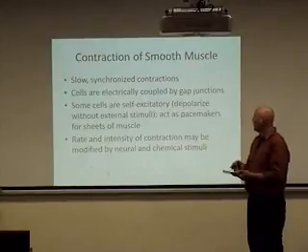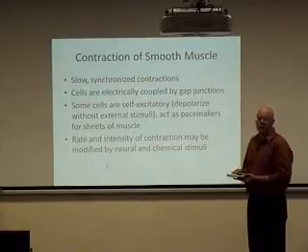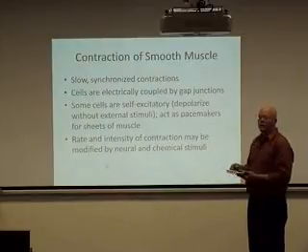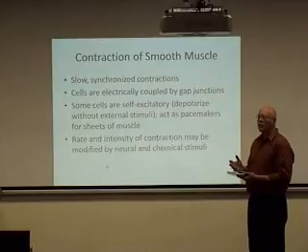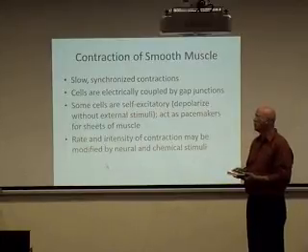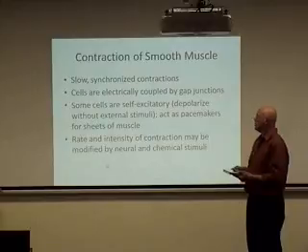Now, the contraction of smooth muscle, first of all, it's not fast like skeletal muscle. It tends to be a slow contraction. It's synchronized. The smooth muscle cells all interact as a single unit because they're electrically coupled. They have gap junctions that allow the flow of calcium between them, so that they all contract as a single unit.